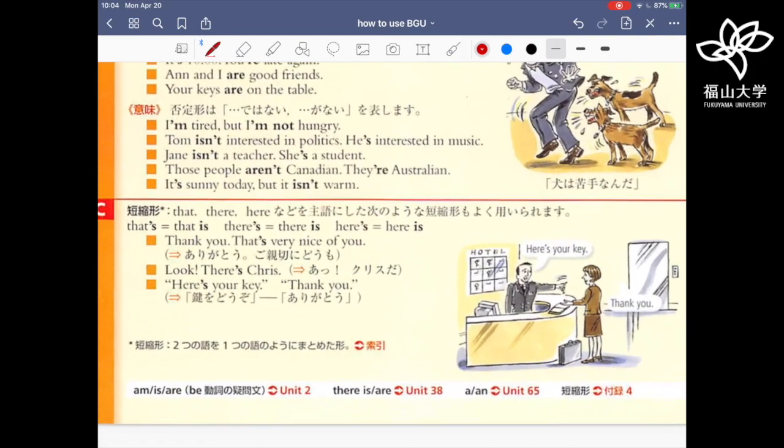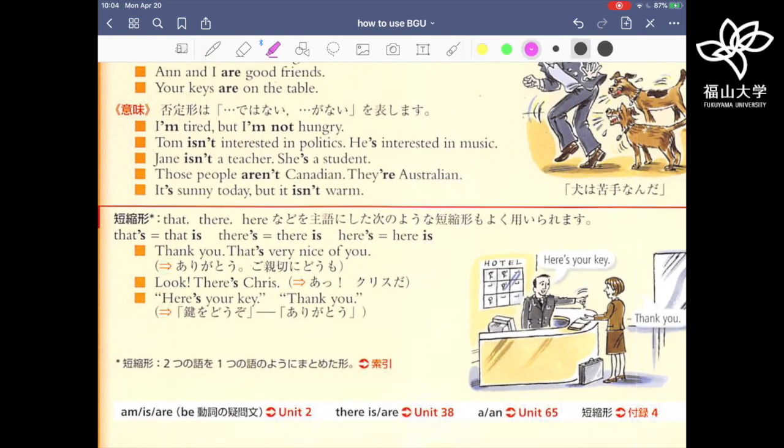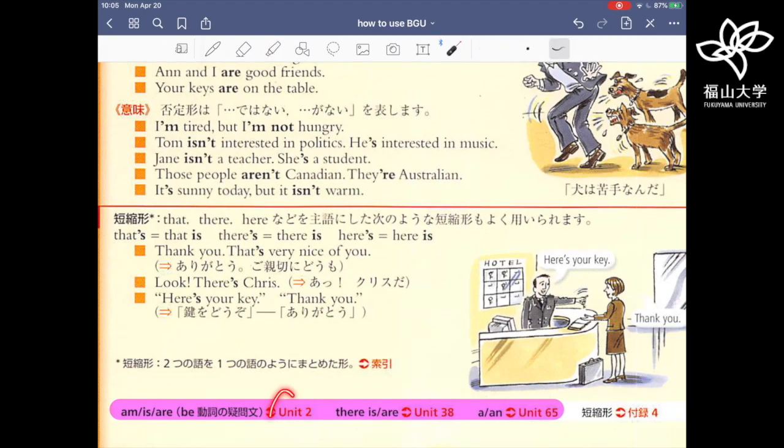Now you also want to check down here. For example, they give you more units to do. So here they recommend Unit 2, Unit 38, Unit 65.